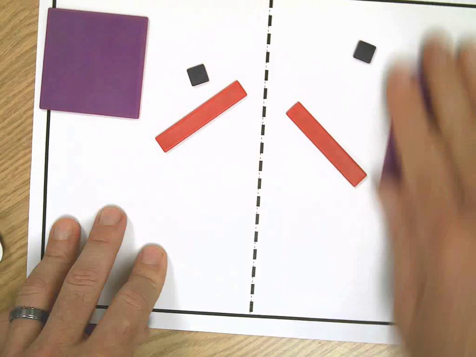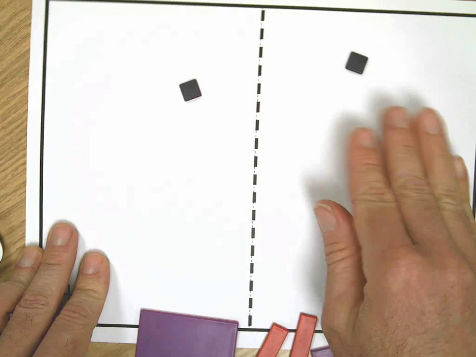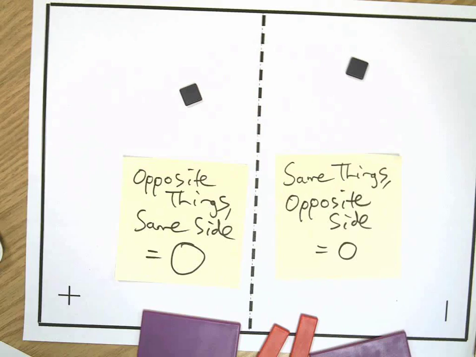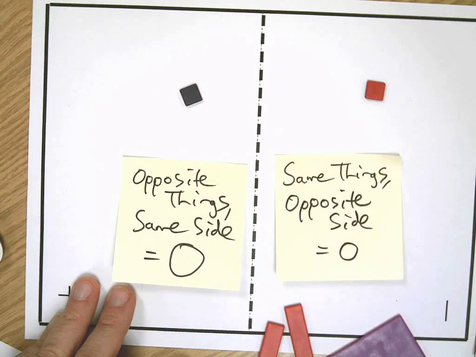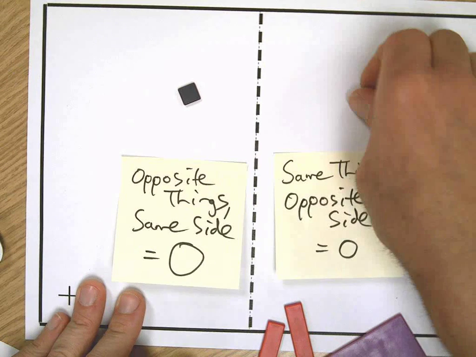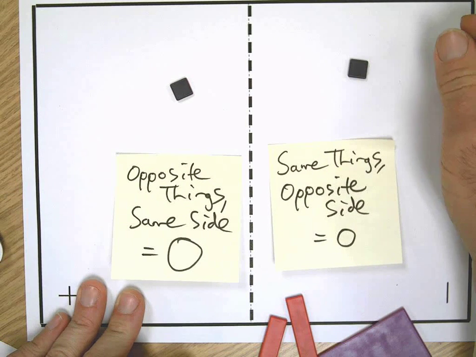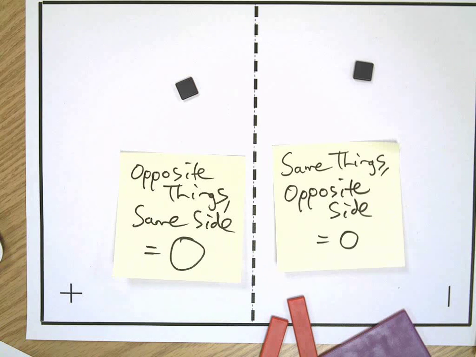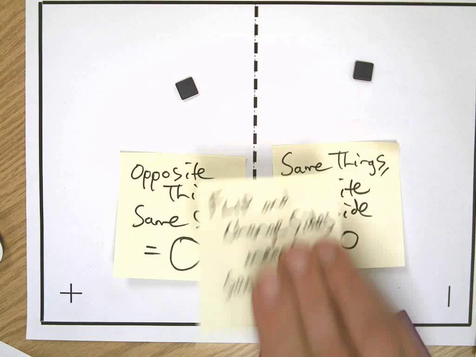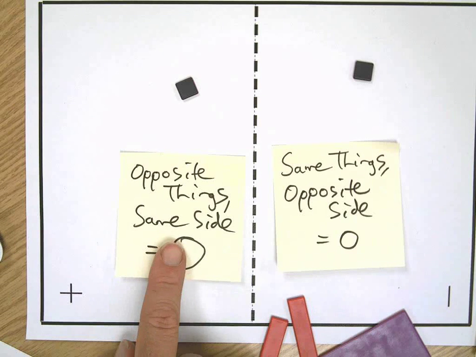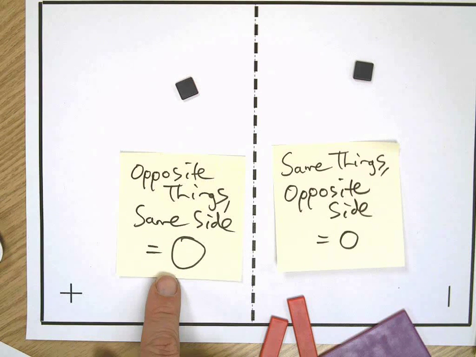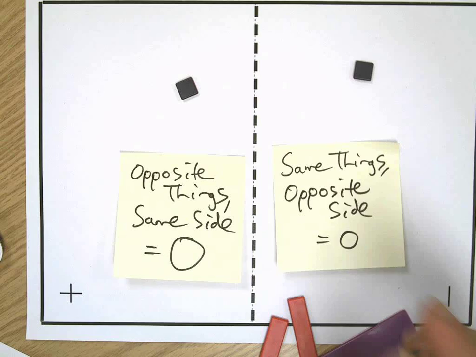Now here's what I want you to get next, and then we're going to do our sample problem. So if I start with something like this, and I'm trying to figure out what I have, I can go back to, like, does this follow any of these rules? Is this opposite things on the same side?